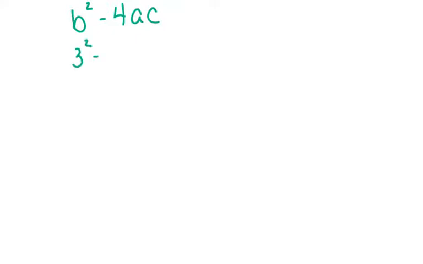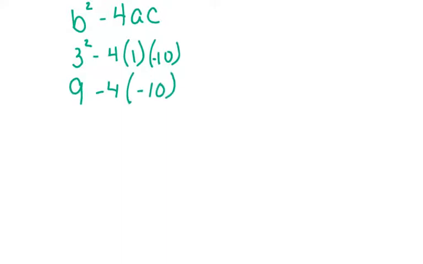So 3 squared minus 4 times 1 times negative 10. And I'm just going to simplify all of this down. So this is going to become 9, and negative 4 times 1 is going to be negative 4, still times that negative 10. So I'm going to have 9 plus 40, because negative 4 times negative 10 is going to become a positive 40. So my discriminant here is going to be 49.